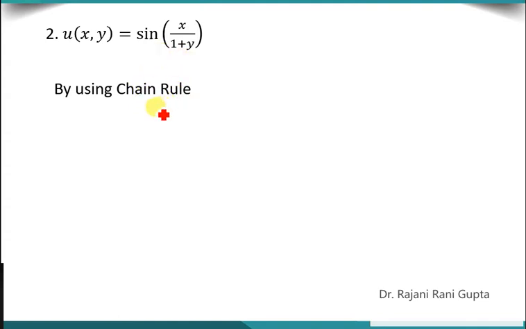Because it depends upon both. Another way of writing is sine of x times 1 plus y to the power minus 1. I hope you remember the chain rule and how to work with it.